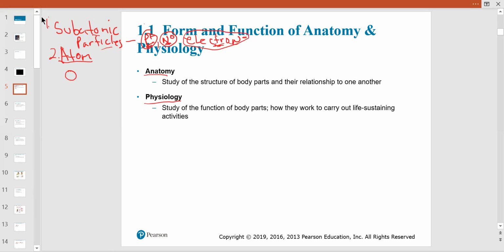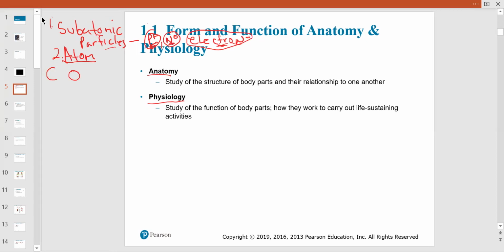But oxygen is an element, and it's really a big one. Anything else? Carbon. Yeah, I like carbon. And you're going to learn in chemistry that carbon, and the next letter, is going to be what makes a molecule organic. That element or atom. When I say element, it just means a lot of one atom. So kind of try to understand that.